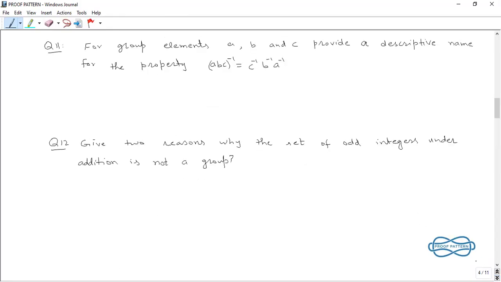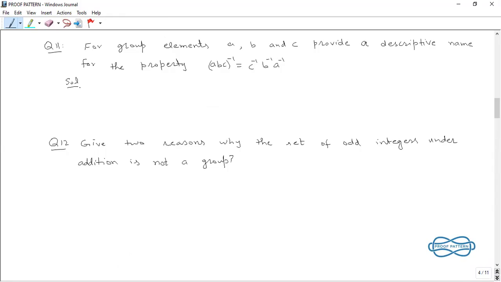The next question is question 11. For group elements a, b, c, provide a descriptive name for the property (abc) inverse is equal to c inverse, b inverse, a inverse.